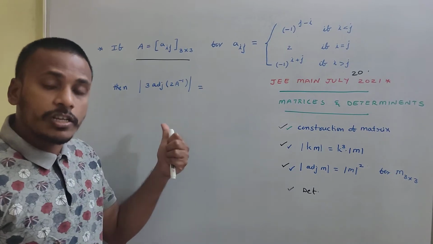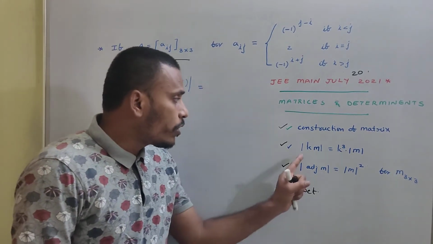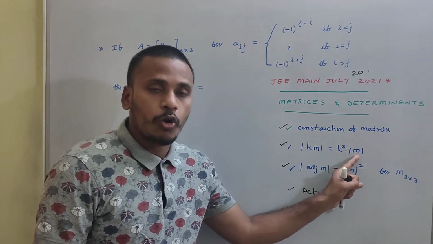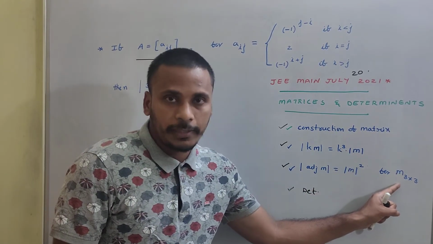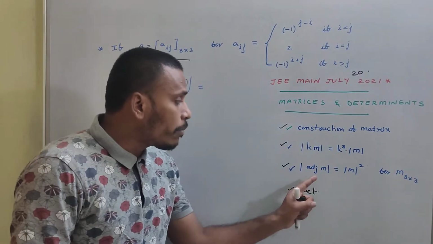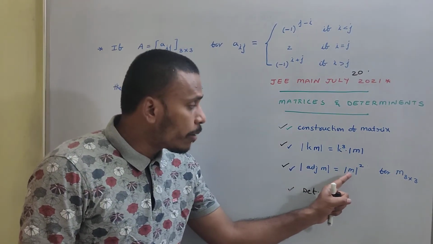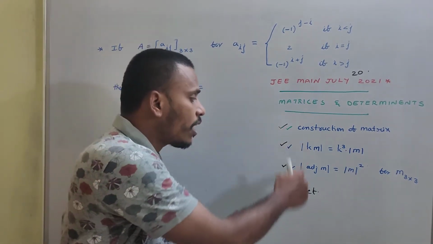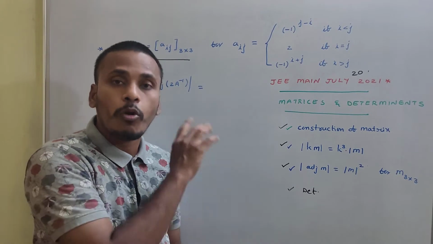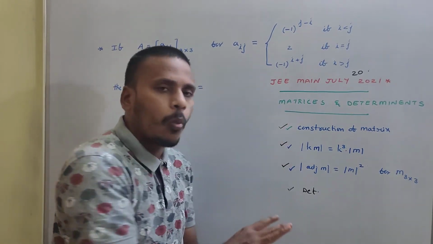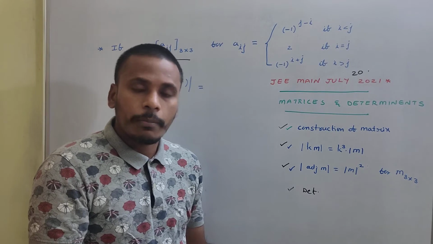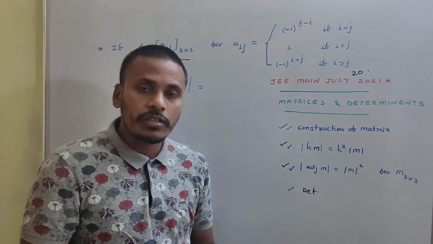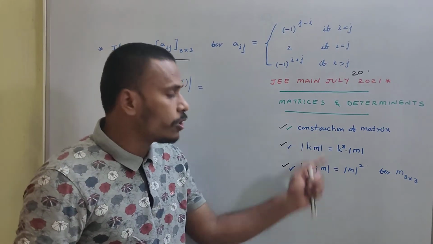Determinant of a constant K times matrix M is K cube times determinant of M if M is of order 3 by 3. And another thing is that the determinant of the adjoint of a matrix is the determinant of that matrix squared if that matrix is of order 3 by 3. I think all these concepts are very well known, because usually in each and every practice sheet and material, you will face different problems on determinants using these properties.